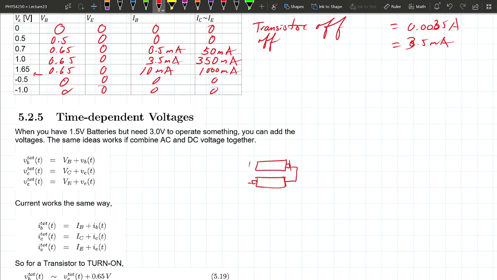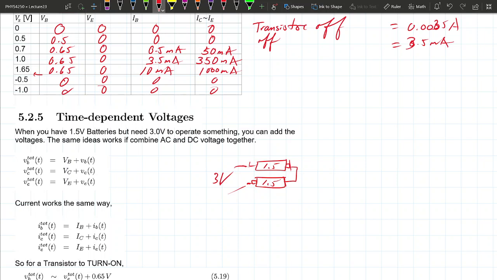If each of the batteries is 1.5 volts, how many volts do you get out at these two points? 3 volts, because you just stack them together and get a higher potential. Potential, just like potential energy or other types of energy, adds. It's just a scalar.